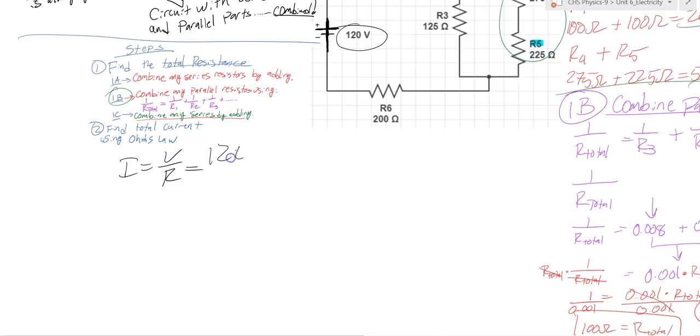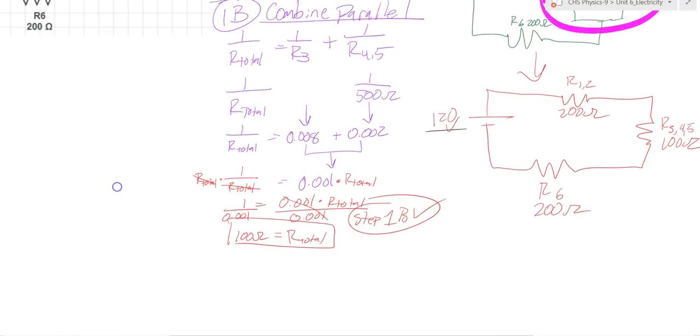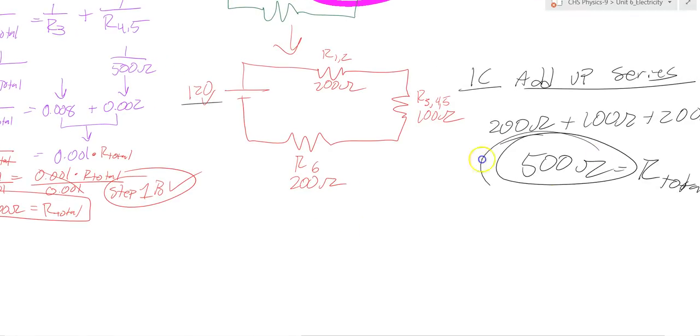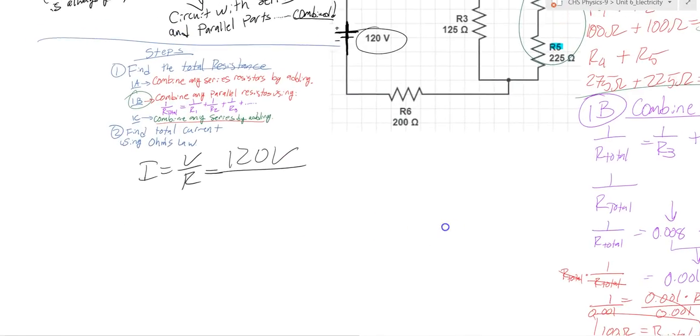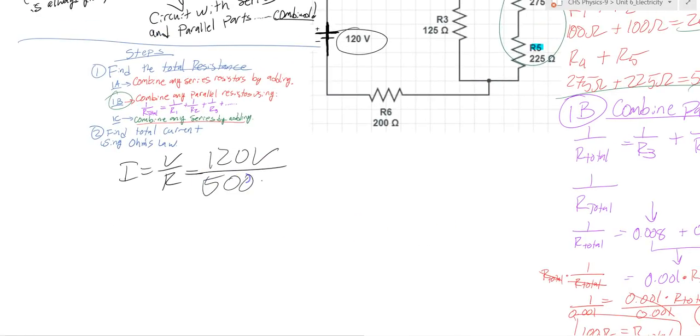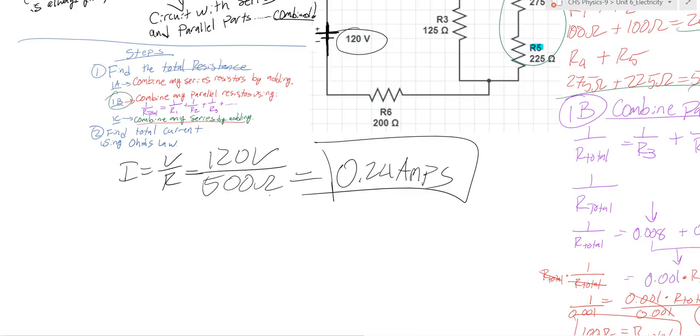So we got 120 volts divided by the total resistance, which is 500 ohms. And we get 0.24 amps. There we go. We got through that one.